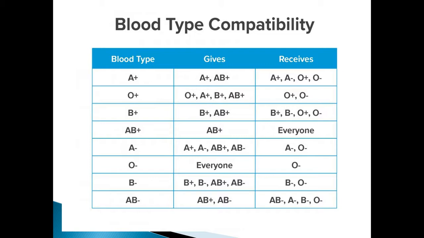But some O group plasma may contain isoantibodies in high titers, so that damage to the recipient cells may result. This is known as dangerous O group. Transfusion of large quantities of O group blood to persons of another group may also cause reactions.